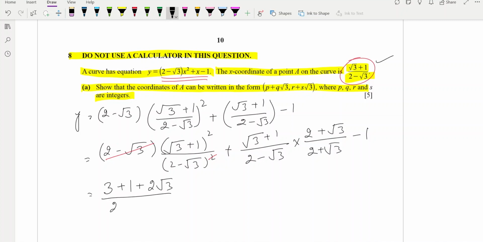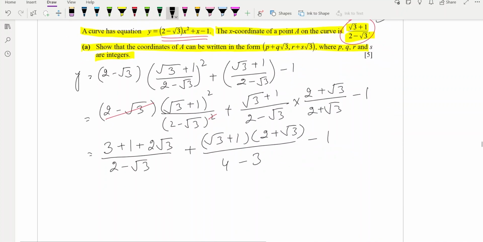And this will be 2 minus √3, and plus we can write it as (√3 + 1)(2 + √3) over, this will be (a + b)(a - b), so it will be 2 squared which is 4, minus √3 squared which is 3, and minus 1.